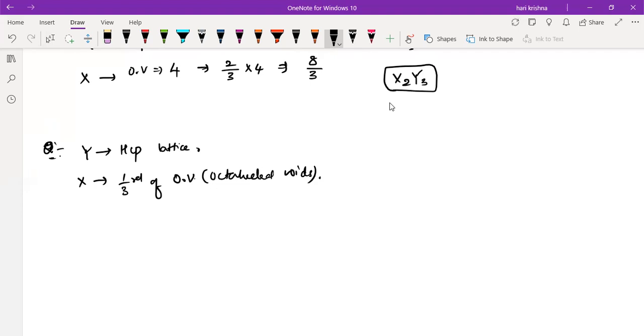If Y is occupying the HCP lattice and X is occupying 1/3 of octahedral voids, what will be the formula of the compound? XY3. What is the answer? XY3.